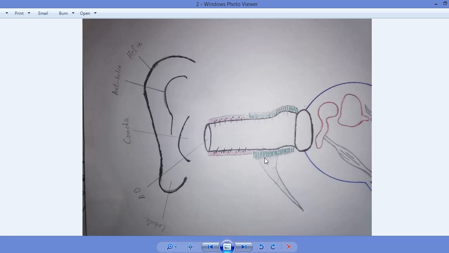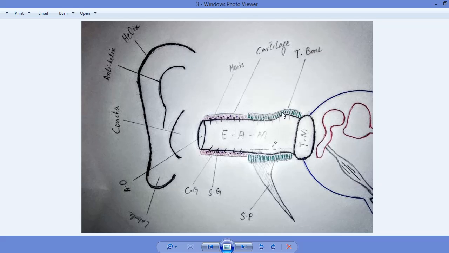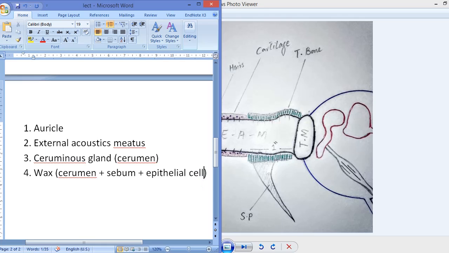Now, one other thing: this bony structure, this bone, is the temporal bone. This is the temporal bone of the external acoustic meatus, and this temporal bone has a modified structure called the styloid process. I'm going to write it. This is called the styloid process. The styloid process is also very important.